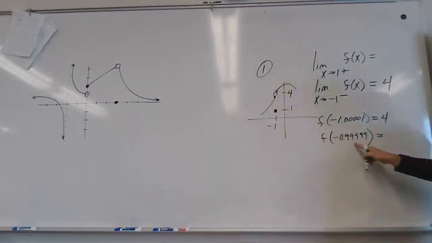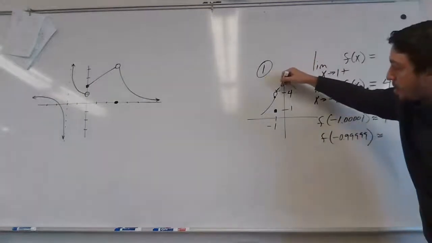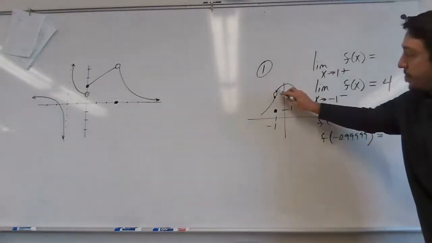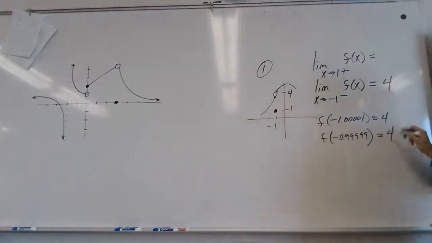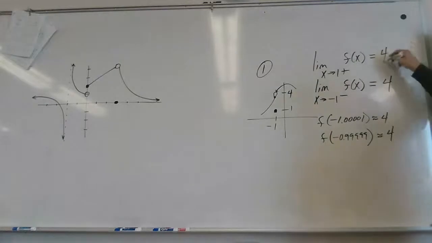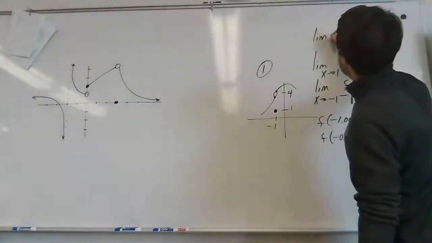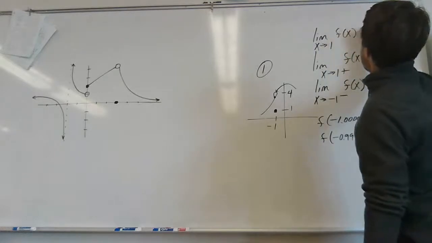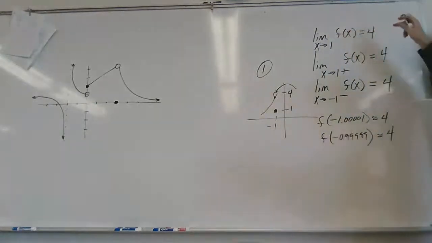Again, what would my y value be if I plugged in a number just barely to the right of -1? Awfully close to 4, right? So what that tells me is that the limit as x approaches -1 is 4. So this answers questions I, J, and K.